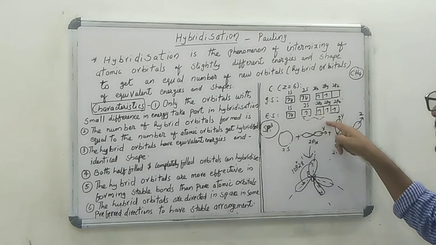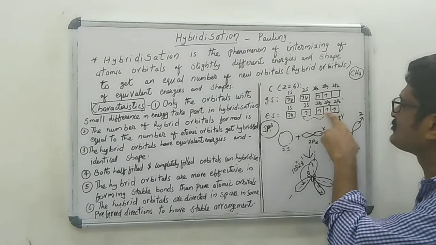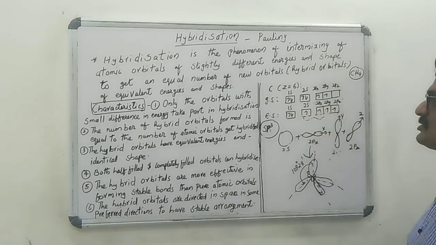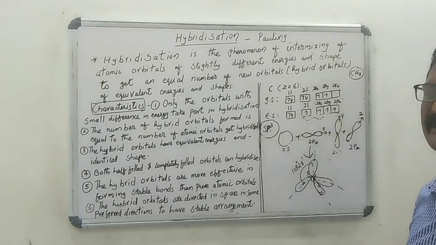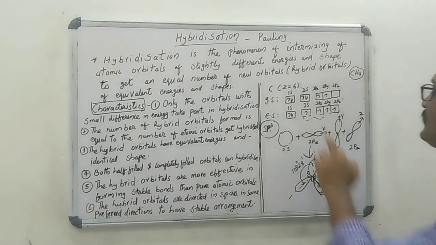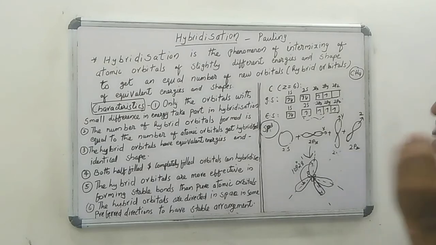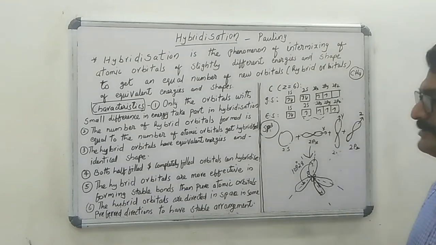Then if 3 atomic orbitals, meaning one 2s, 2px and 2py, are involved, the hybridization becomes sp2, which we will discuss later. Then the number of hybrid orbitals formed is 3. That is the second postulate: the number of hybrid orbitals formed is equal to the number of atomic orbitals hybridized.